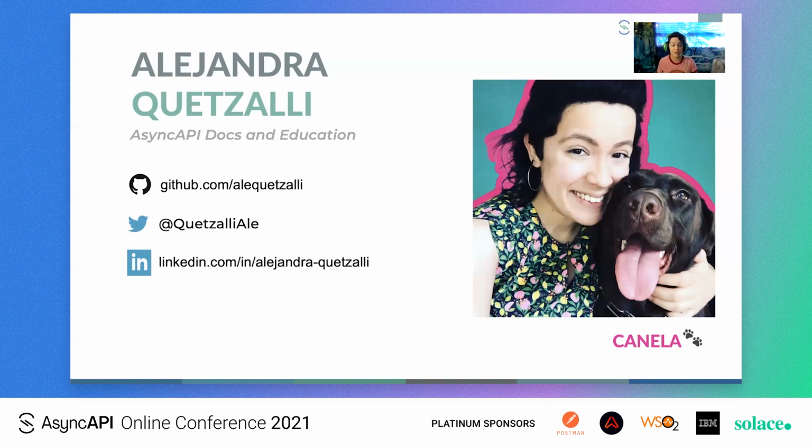If you have any other questions, my DMs are always open on Twitter and on LinkedIn. And if I don't know the answer to something, which I may not because I don't know everything and I'm new to the team, I can find someone that knows the answer, or I can help you get started on our Slack channel asking questions and help find someone that can help you out.